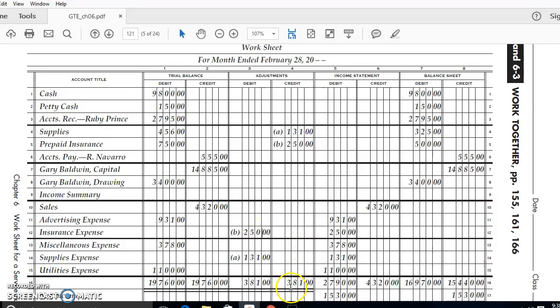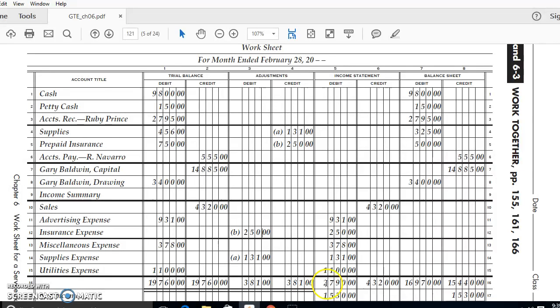And then, of course, $381 is your credit because you're adding the same two digits in your credit section. Because you have come to equality with your trial balance debit and credit and your adjustment debit and credit, you need to take a ruler or a straight edge and double rule all the way across the bottom of those four columns. Again, that's showing equality and completion.